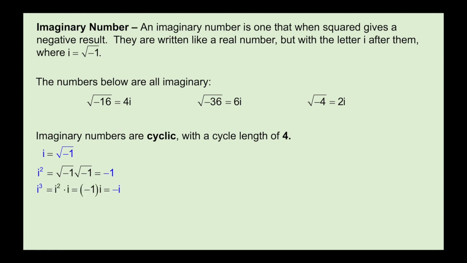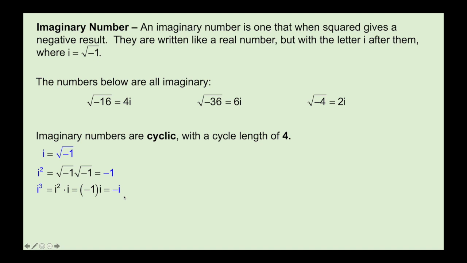Now, i to the third is the same thing as i squared times i, because when they have the same base, we add their exponents together. So since i squared turns into a -1 and i is left as i, we get -i for this.